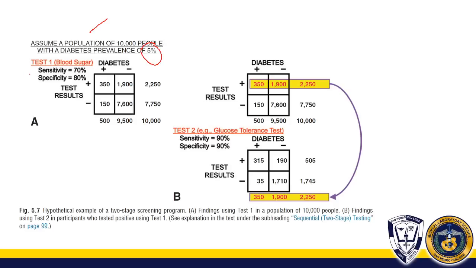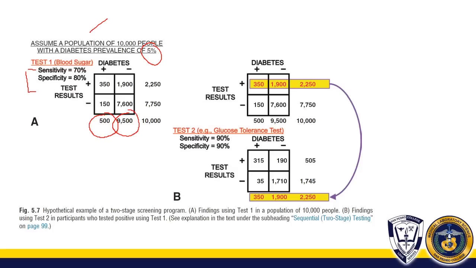And then, gamit mo og test na naay sensitivity of 70% and naay specificity of 80%. Now, from the 10,000 na population having a disease prevalence of 5%, meaning naay 500 katao na naay diabetes, and then minus lang, then naa tay 9,500 na walay diabetes.